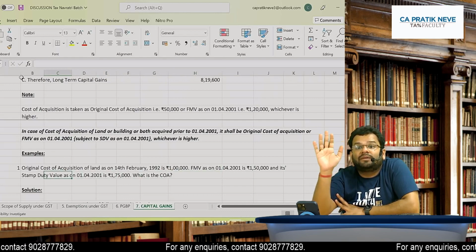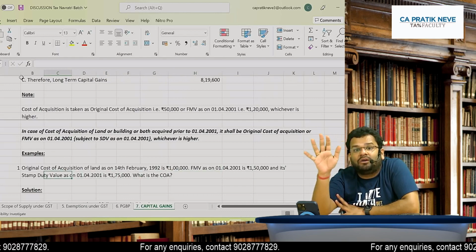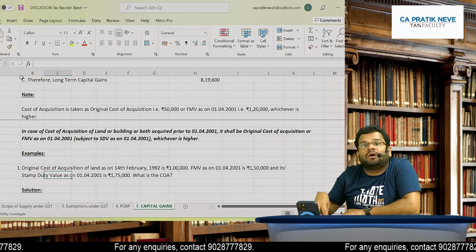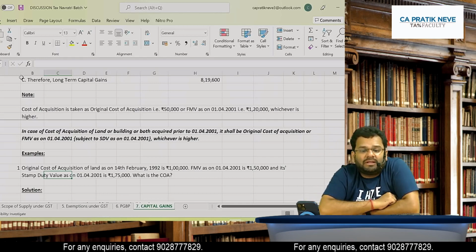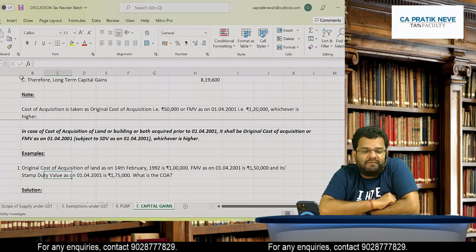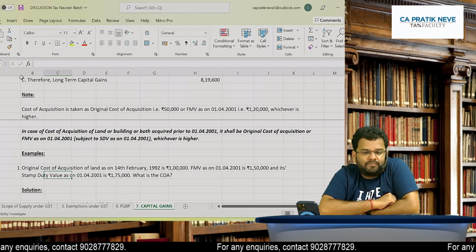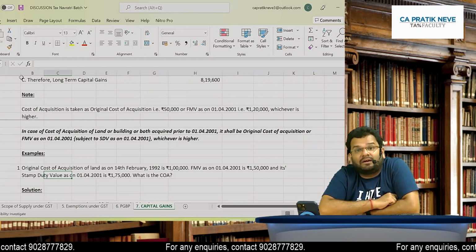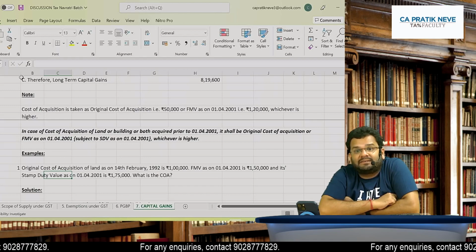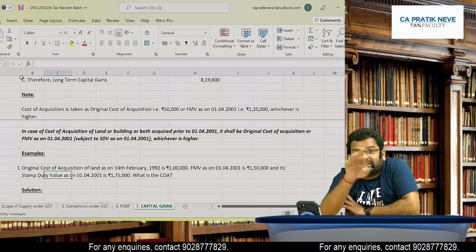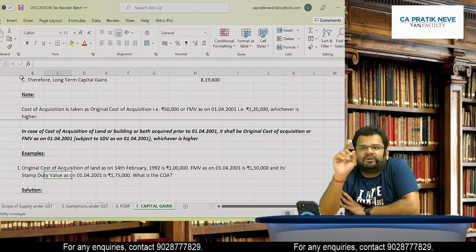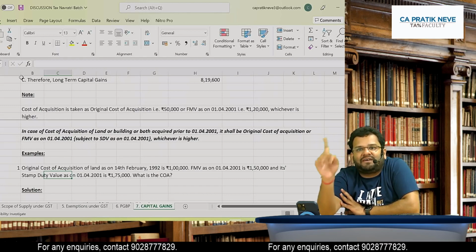First of all, you come down to what is your FMV. Can you continue with FMV of 1.5 lakhs? Yes, of course you can continue the FMV of 1.5 lakhs because it is lower than the stamp duty value.